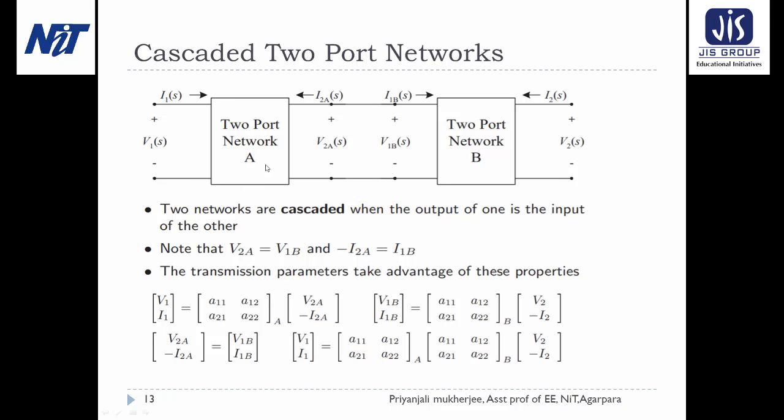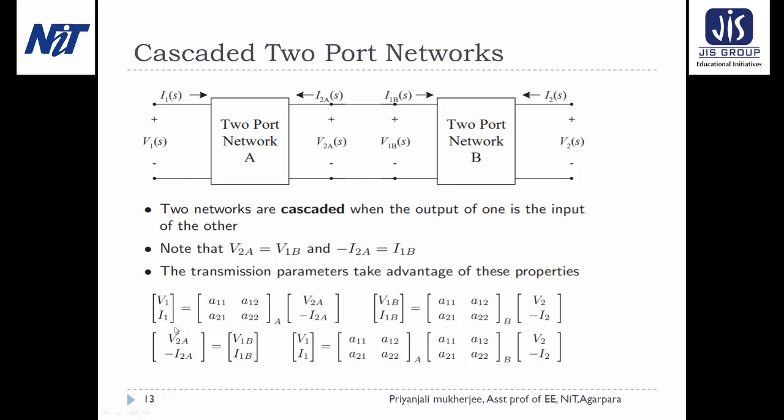So for this network, we can write the equation like this: V1, I1 is equal to the matrix A11, A12, A21, A22, which becomes A, B, C, D. So if we know the ABCD parameters, we can replace A11, A12, A21, A22 by ABCD.